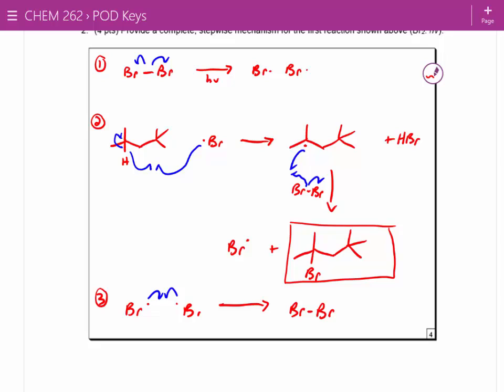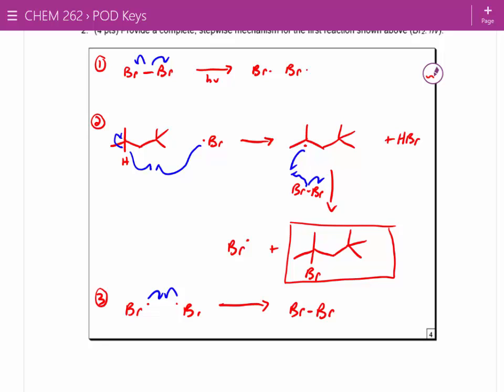That's what I said. You could use that as your final termination step, and a lot of people do. But you'll see when we get to radical polymerization that this is the overall scheme for most radical mechanisms: the initiation, propagation, and then termination. You can do that, it just makes the radical polymerization look a little different.